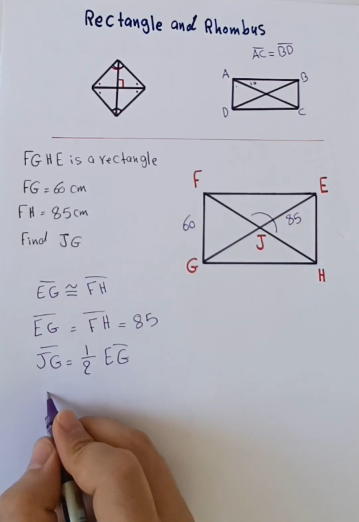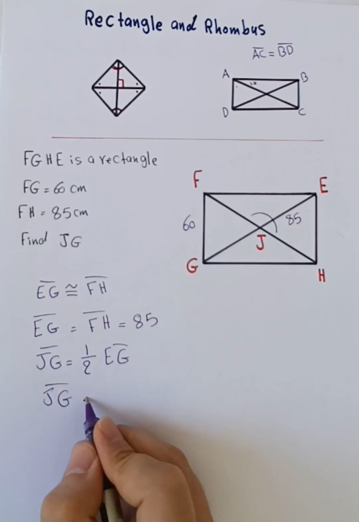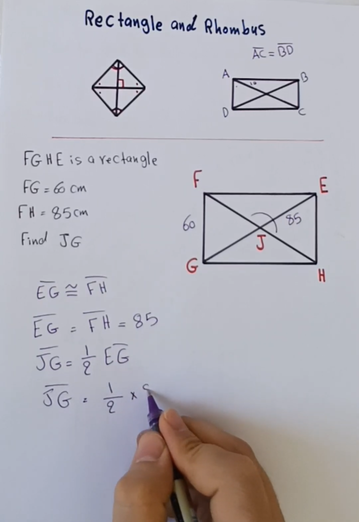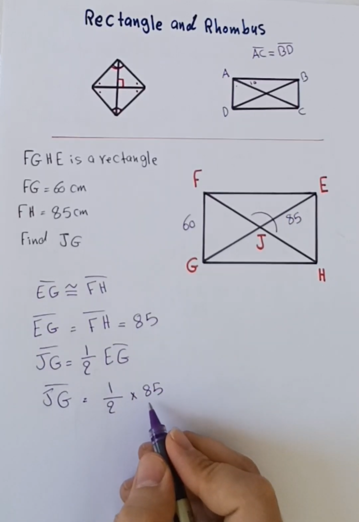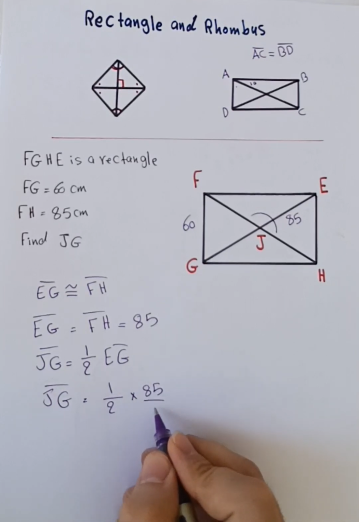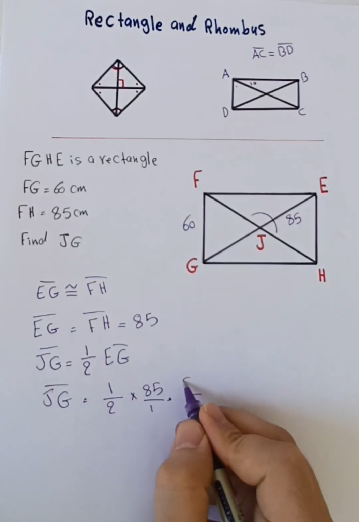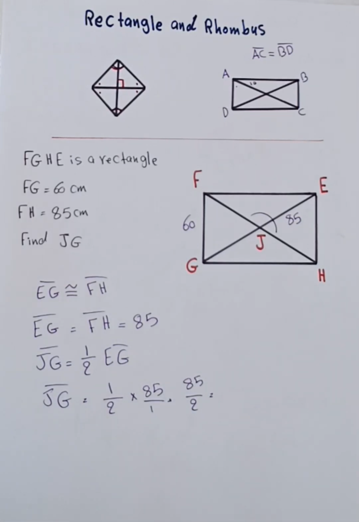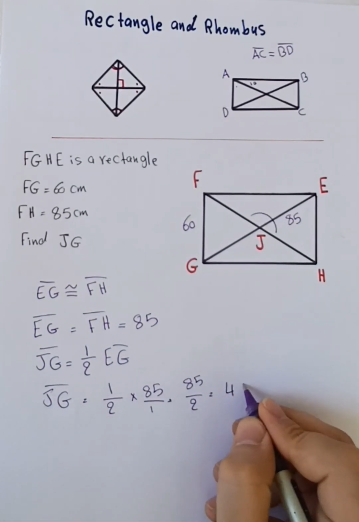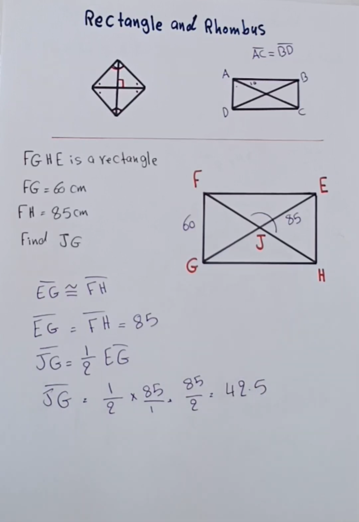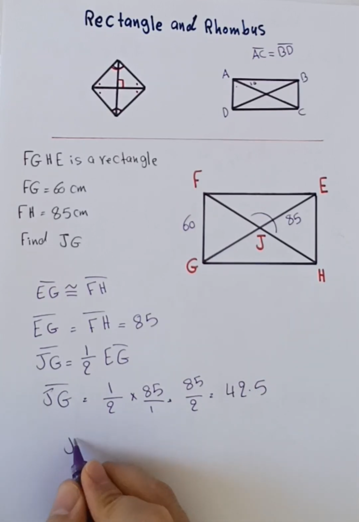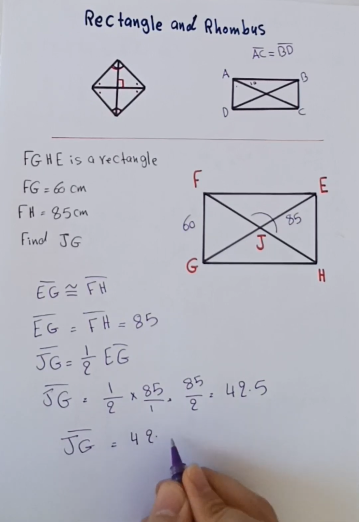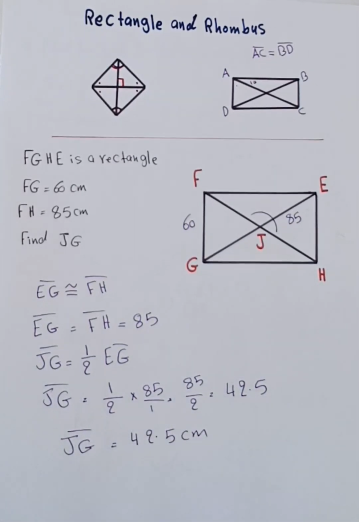So JG equal to 1 out of 2 times 85. We have to change this whole number to a fraction and then multiply. 1 times 85 is 85, 2 times 1 is 2. 85 divided by 2 is 42.5. So the length of JG equal to 42.5 centimeters.